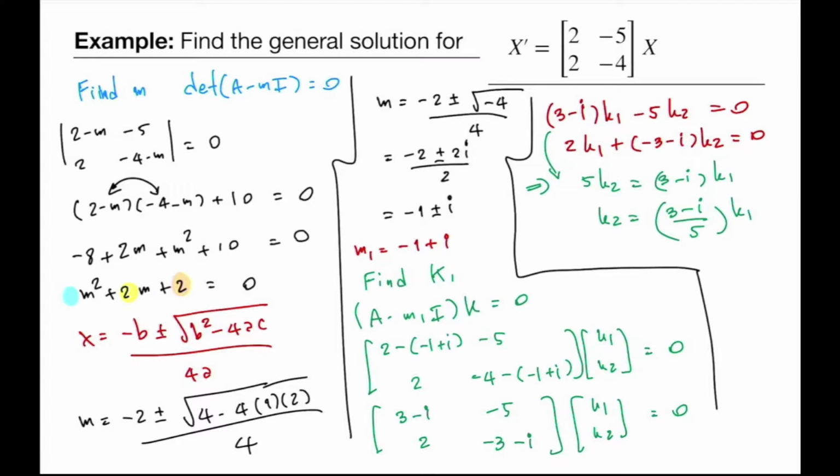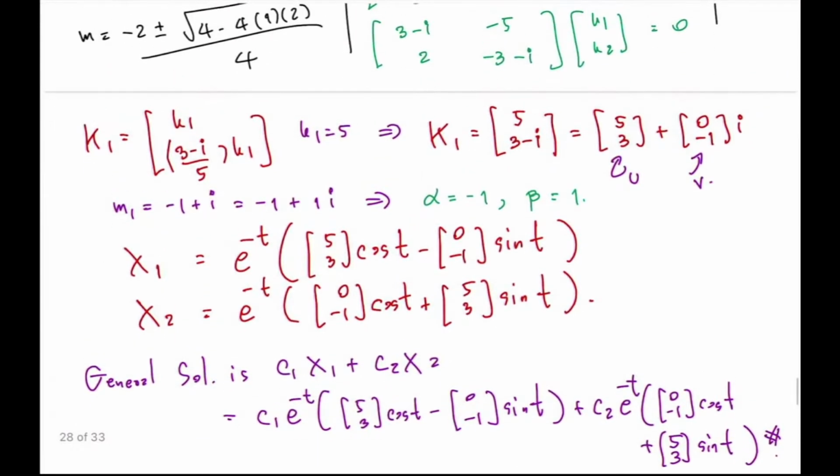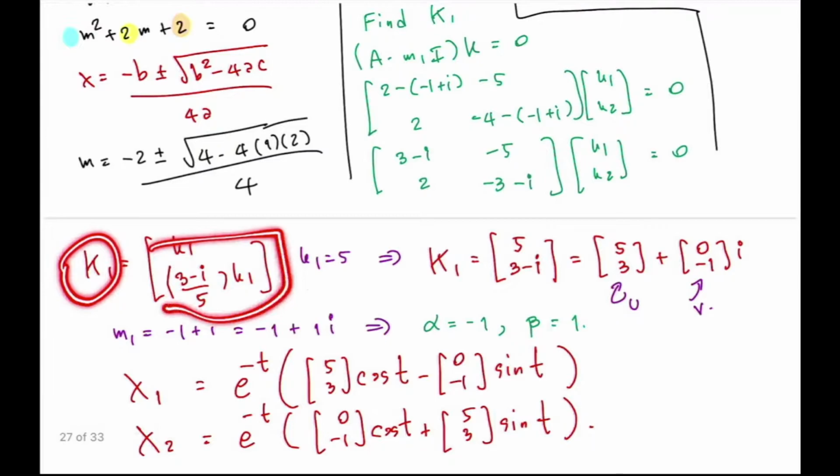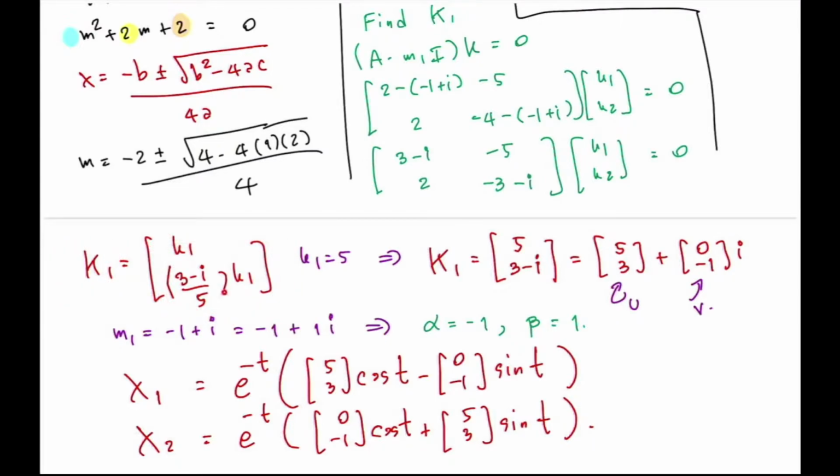After that, we write k2 in terms of k1. Okay, so from here I have that 5 k2 is (3 minus i) k1, which means that k2 is actually (3 minus i) over 5 k1. And in that case, we have the big K1 like this, and then we just substitute k1 with 5, and this cancels out, so we have this as a vector K1.